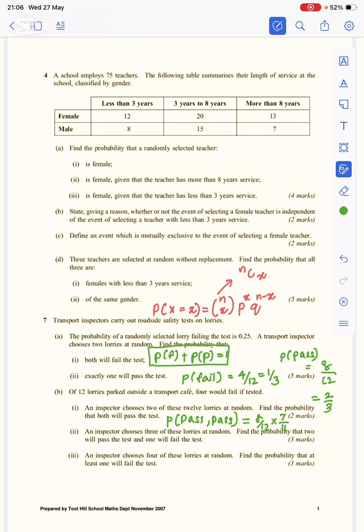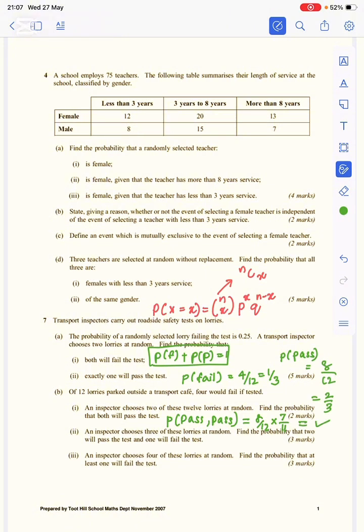Why? Because we are not going to replace that passed lorry into these 12 lorries again. So the sample size is getting decreased by 1. So you can get the answer from this.